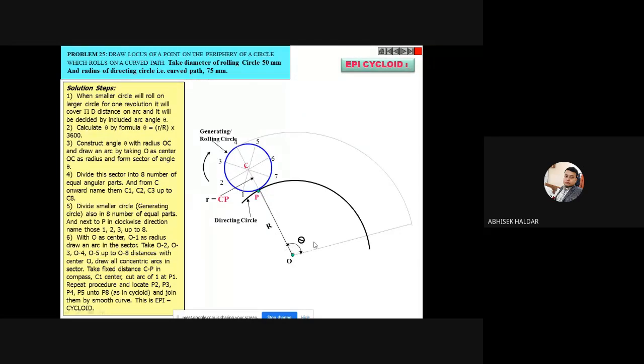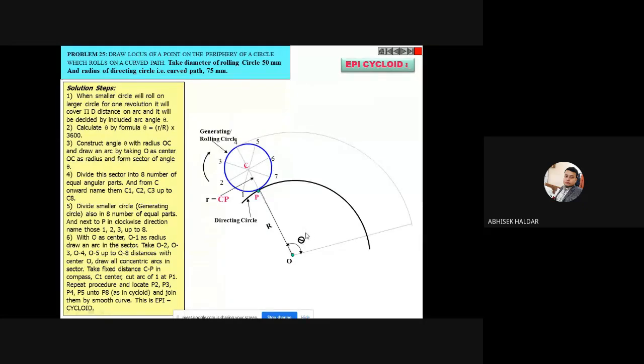That angle we have to find out, because here there is no question of straight line distance. For one full revolution, the rolling circle will create an angle at the center, up to which I will confine my drawing. My curve should not go beyond that limit.